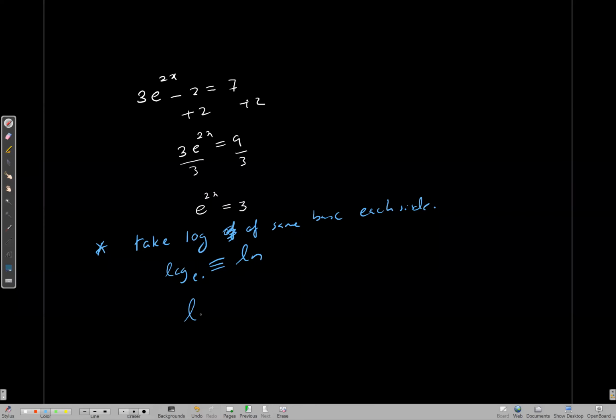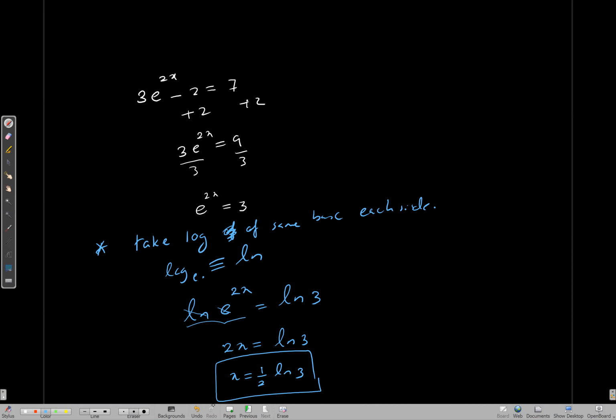So I'm going to take ln of both sides of e to the 2x. ln and the base e cancel, and this is simply 2x. Those were some properties we were talking about. So x is 1/2 ln 3, that is as simple as that, that is the answer.